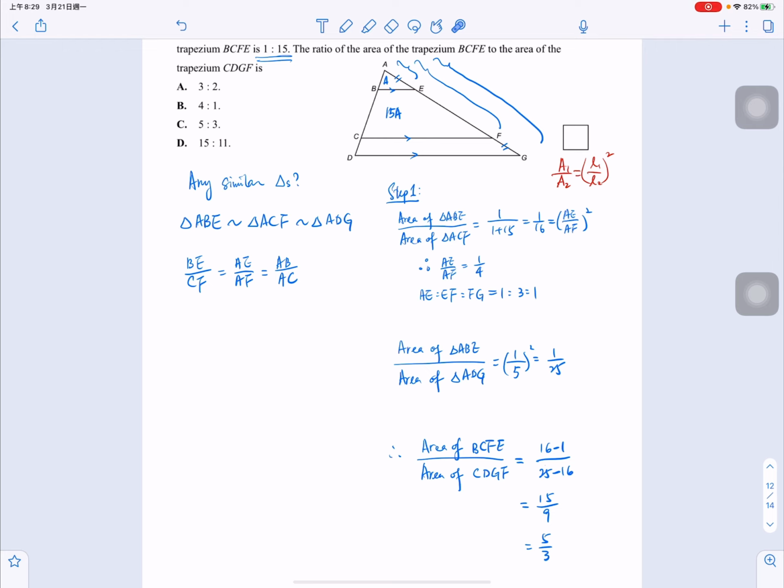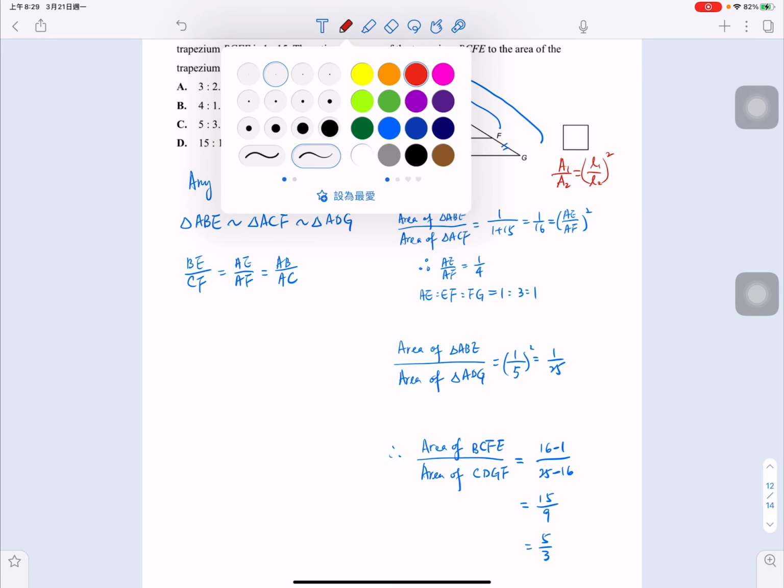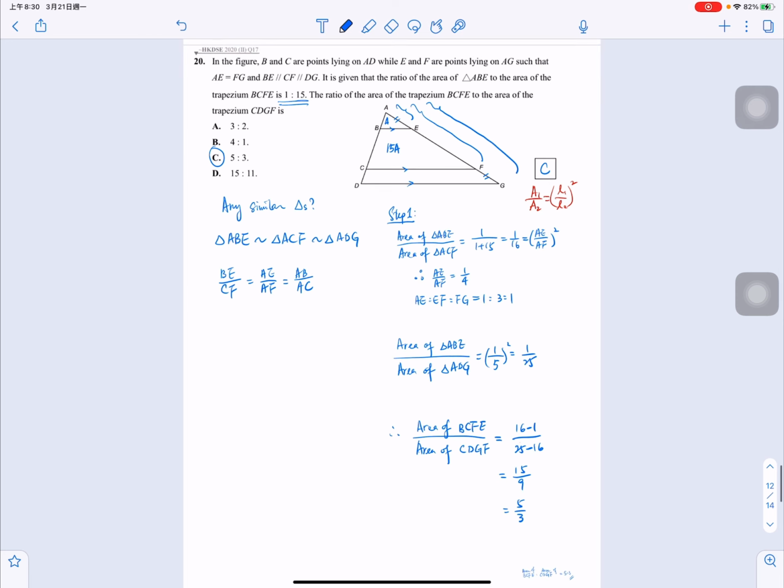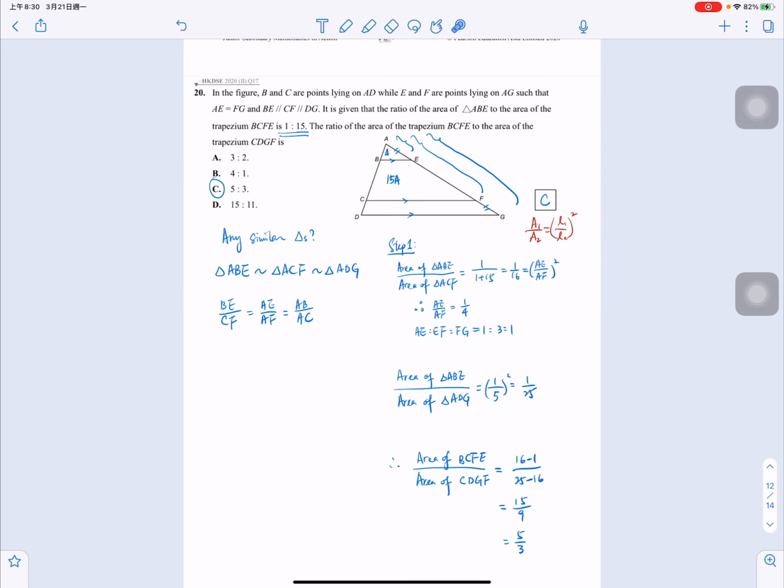So 25 minus 16. And how about the upper one? Just now it is 16 minus 1, so use 15. Right, 15 over 9, after simplifying, 5 over 3. So as a result, this one, C. The answer is C. See? Hope you understand this question.